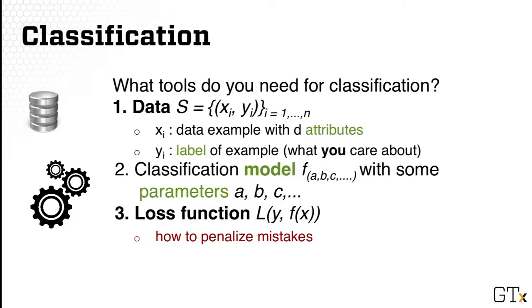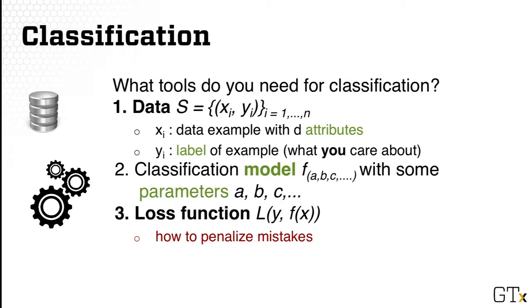In any classification problem, there are 3 important ingredients. The very first one is data. Data, often given the notation S, consists of 2 parts. The first part is X, and the other is Y. X is usually the attributes of the data, and we usually use the notation D to signify how many attributes there are.